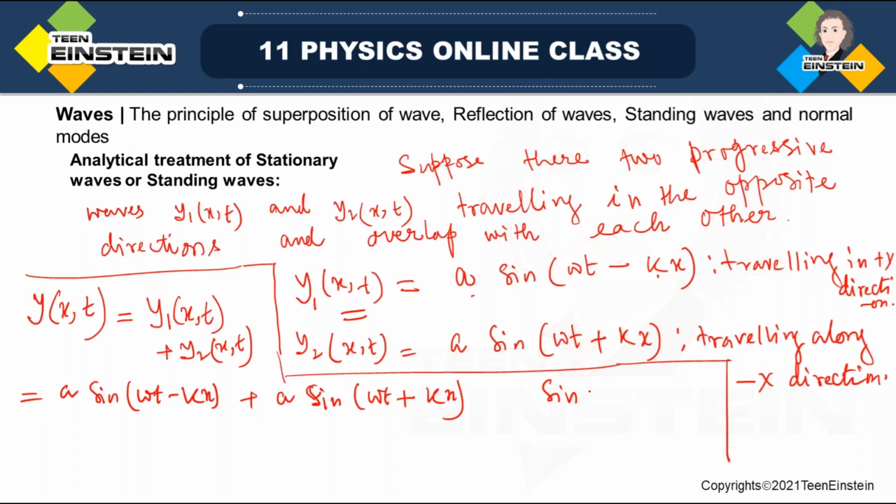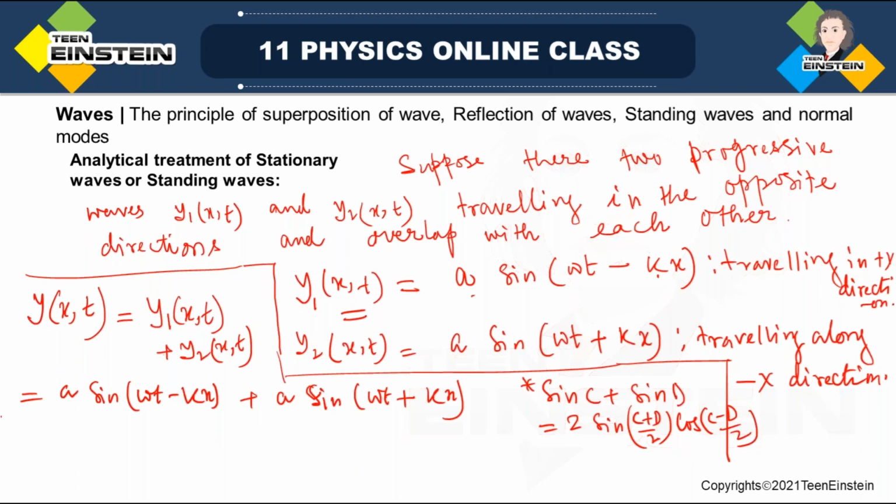When we have sine C plus sine D, this identity connects it: the summation of sine C and sine D can be expressed in terms of multiplication. How? 2 into sine((C plus D) by 2) into cosine((C minus D) by 2). So this is the formula.